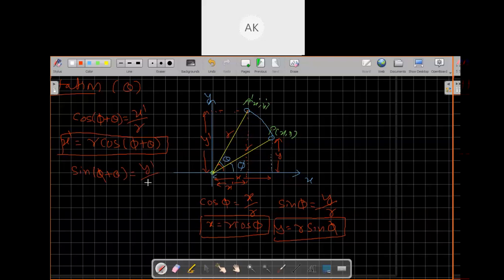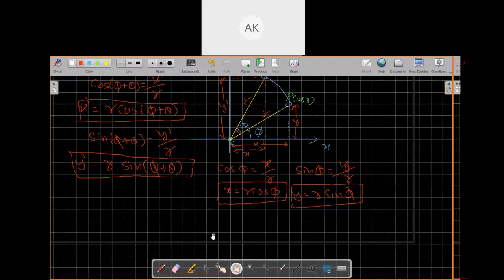Cos of phi plus theta equals this x dash over r. So you can write x dash equals r cos of phi plus theta.